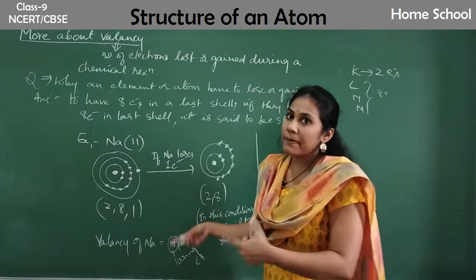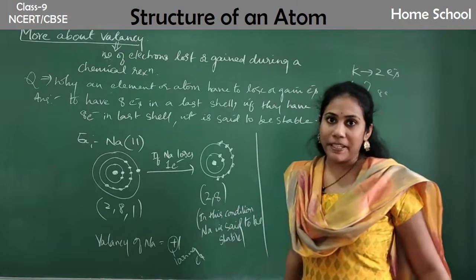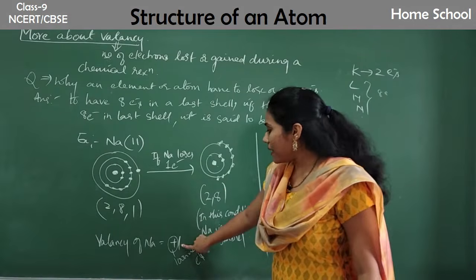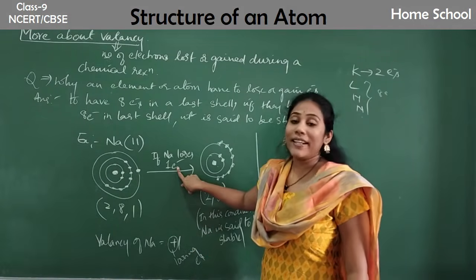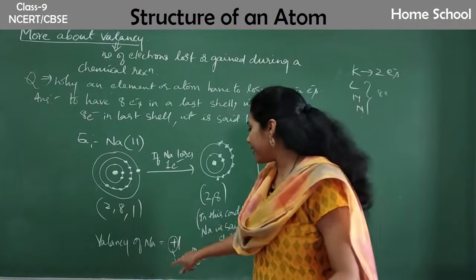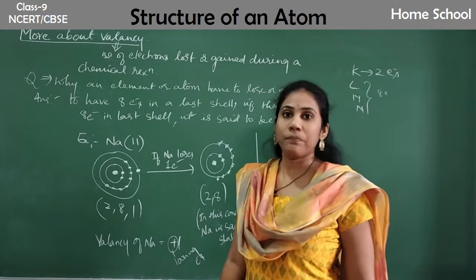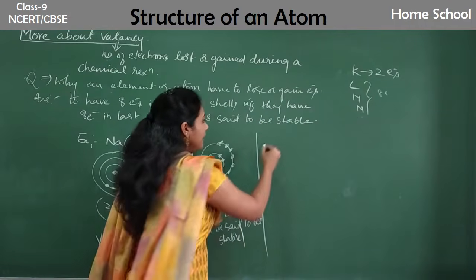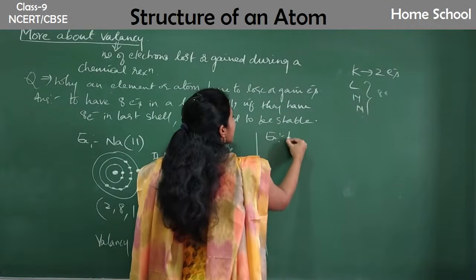This same concept is very clearly explained. Clear everybody? Got to know why sodium's valency is +1? Because it is losing 1 electron. Plus means what? If an element is losing, then it is indicated with a plus sign. Clear? Okay. Now let me take another example, that is fluorine.